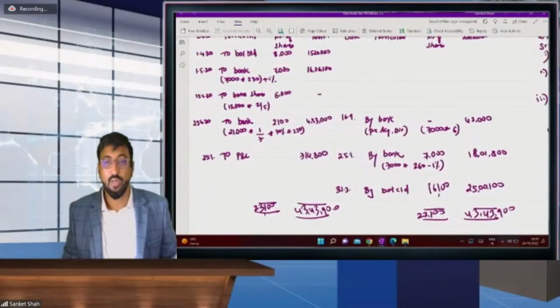In P&L, you will show the right shares which are sold, post-acquisition dividend and interim dividend.